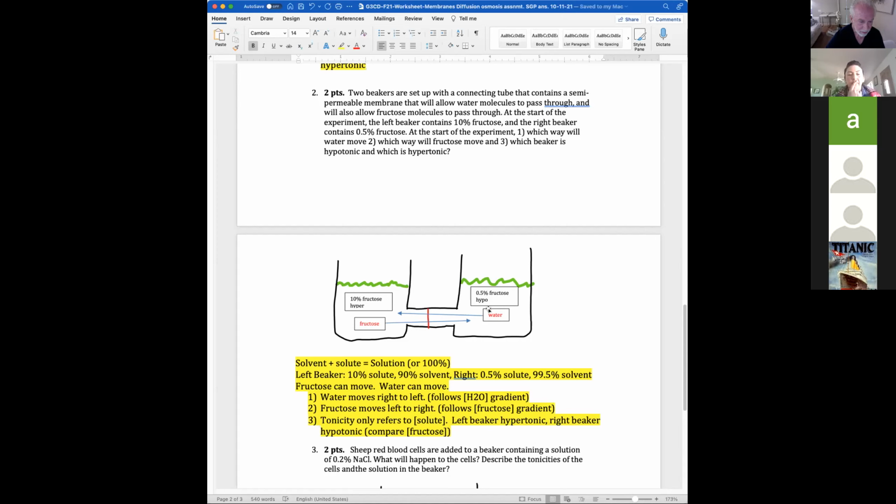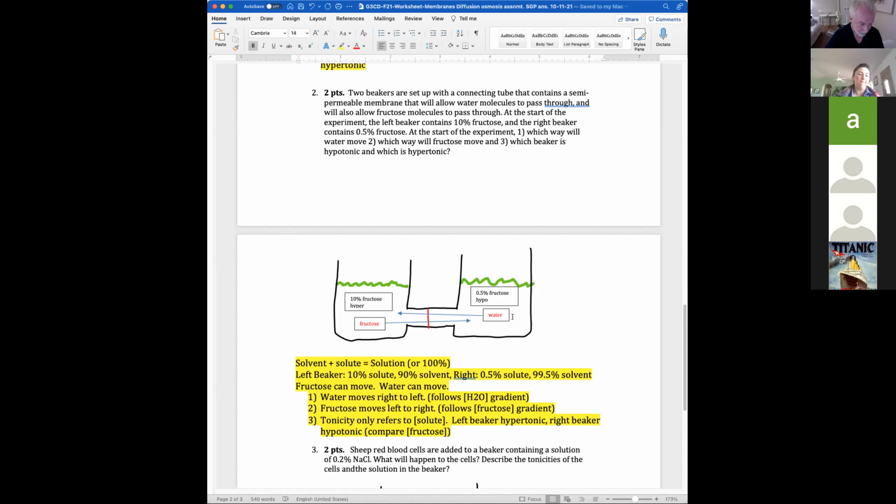So the concentration gradient in the right beaker is 99, the left beaker, it's 90. It's going to move from 99 to 90. That means from right to left. Which way will fructose move? Well, it's going to, again, move down its concentration gradient from 10% to 0.5%. It will move from left to right.